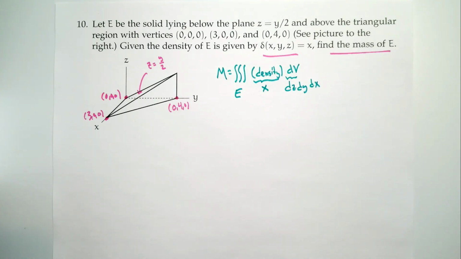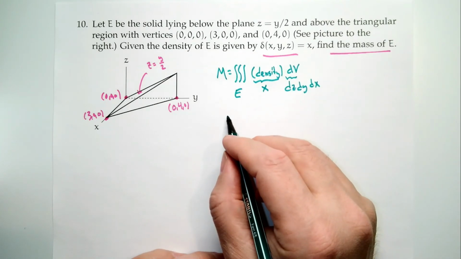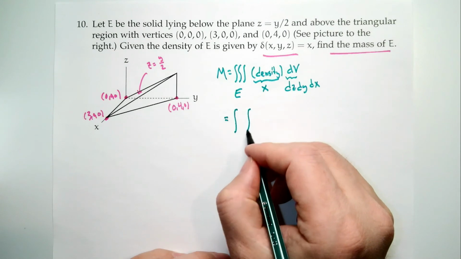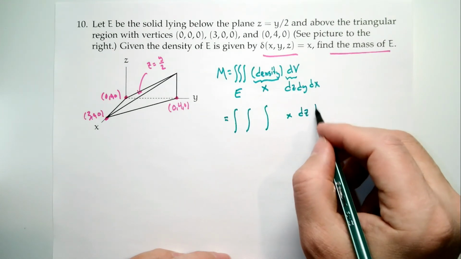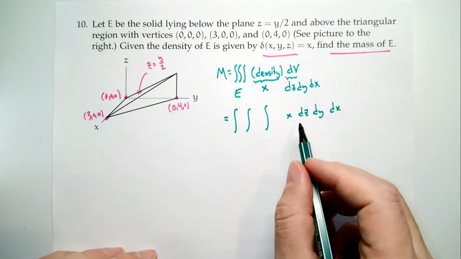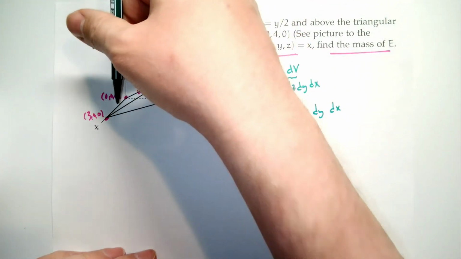All right, so we've got to take some time, and I think most of this problem is really about setting up the bounds. So we're going to do an integral, x, dz, dy, dx. So since my last layer is z, I'm going to start by looking down the z-axis.